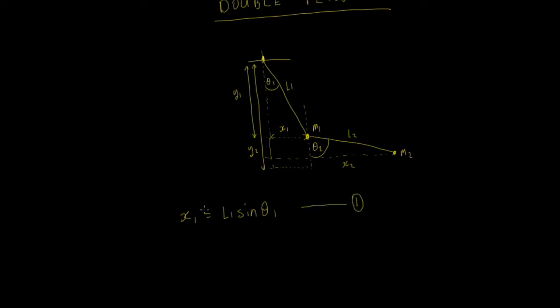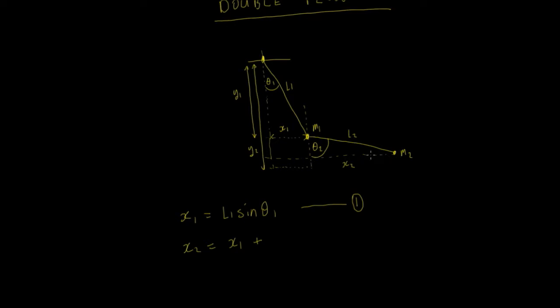Now, the distance x2, the full x distance for this pendulum here, is going to be the x1 distance plus this extra distance here.